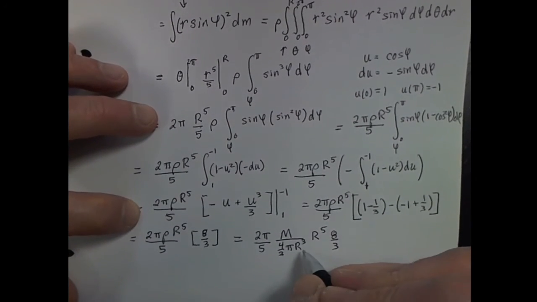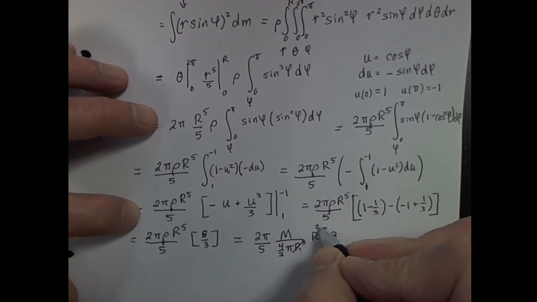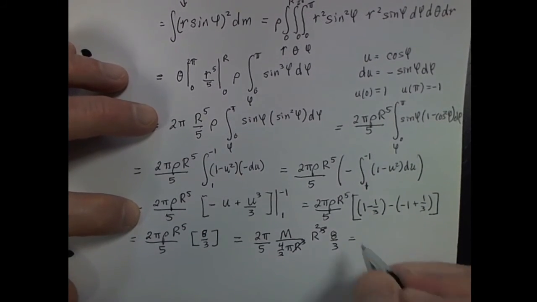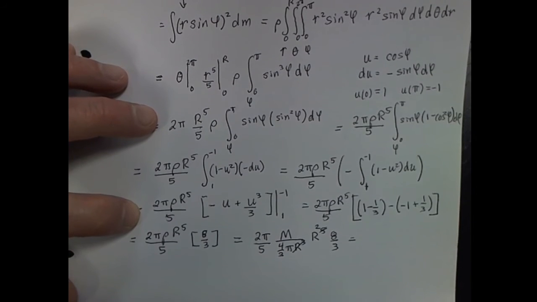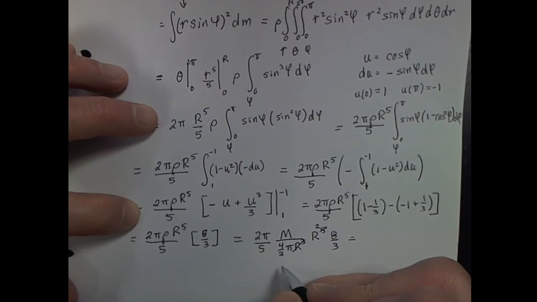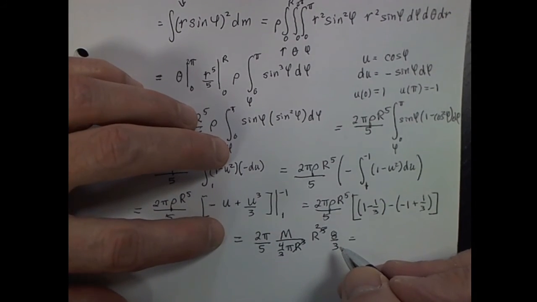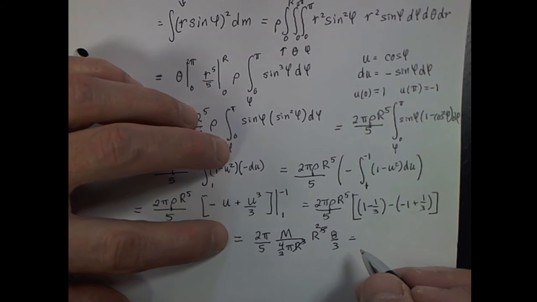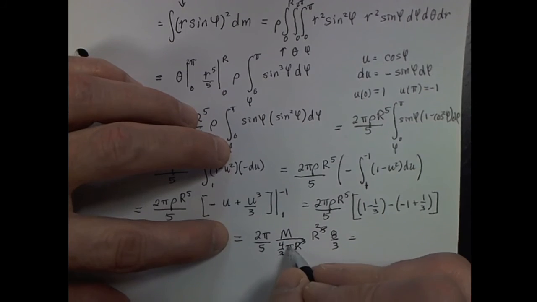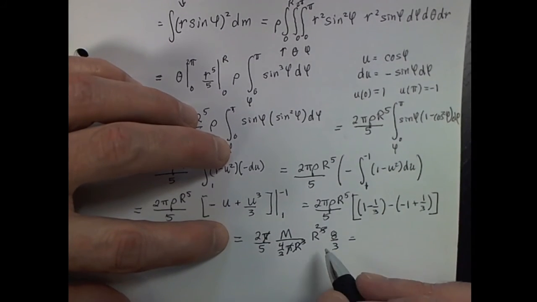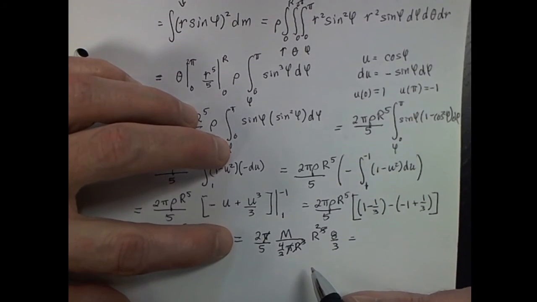But fortunately, a lot of it cancels. This r to the 3rd cancels, makes that a 2. Let's see, this 4/3 on the bottom and this 8/3 on the top. Let's see what happens there. Okay, so let's take out the pi's first, make it a little better.